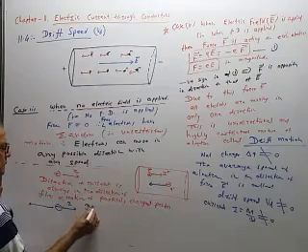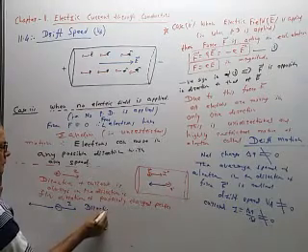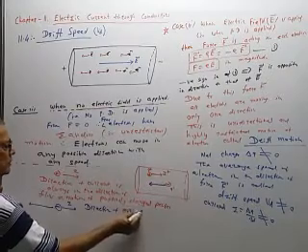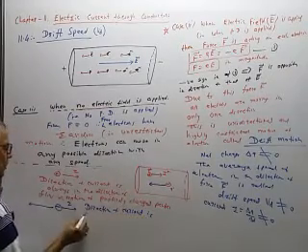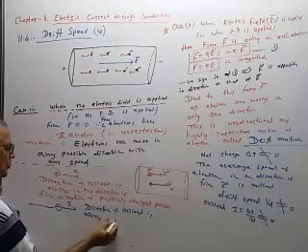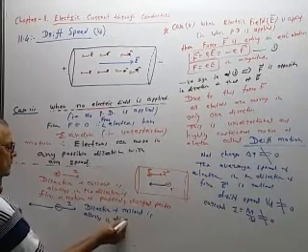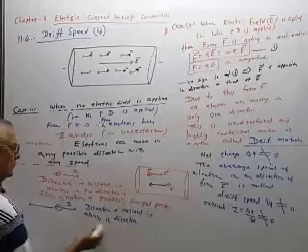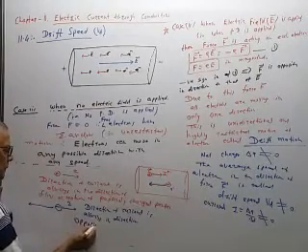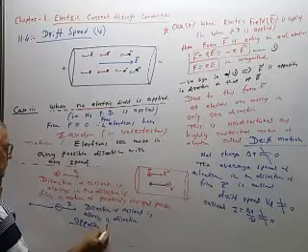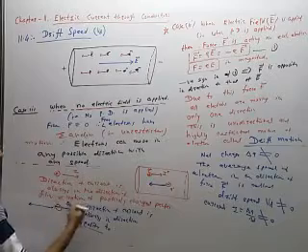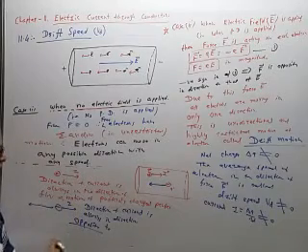Direction of current is always in the direction opposite to, this is in the direction of flow or motion of positive charged particle.